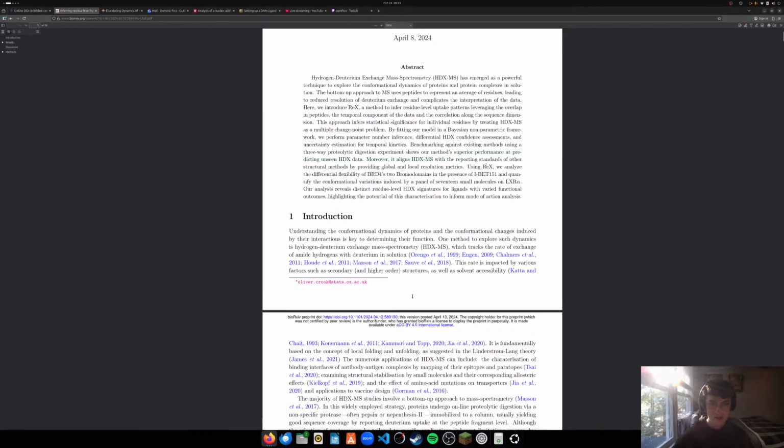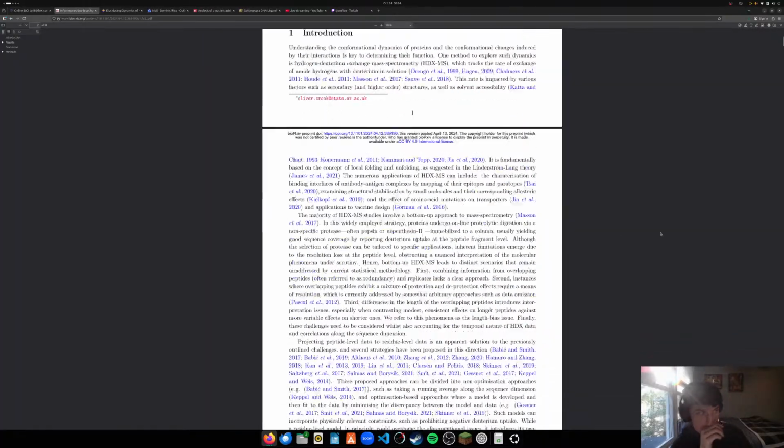Moreover, it aligns HDX methods with reporting standards of other structural methods by providing global and local resolution metrics. We analyze the differential flexibility of Bromo domains. Analysis reveals distinct residue level HDX signatures for ligands with varied functional outcomes, highlighting the importance of characterization.